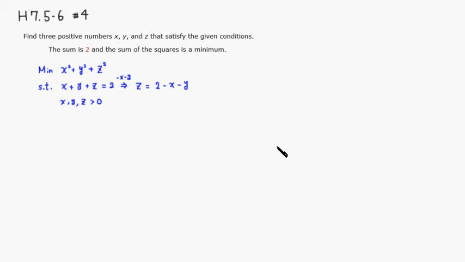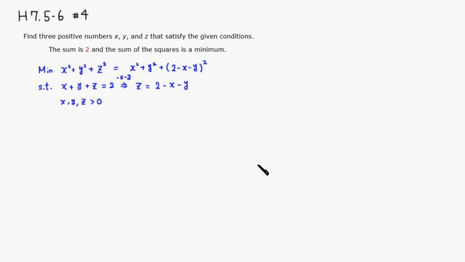Then I'm going to plug this back into the z here. So we can rewrite this as x squared is x squared and y squared is y squared, but for the z squared, I'm going to replace z by the expression we just found, 2 minus x minus y squared.